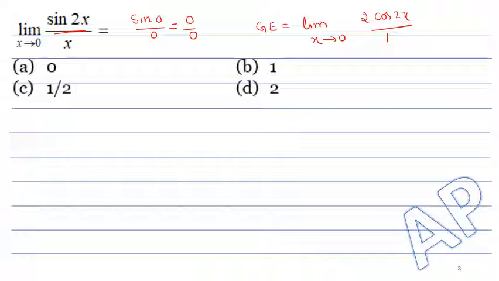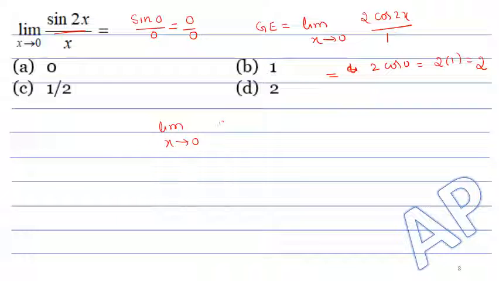When you apply the limit now, you will get 2 cos 0, which is equal to 2 into 1, which is 2.